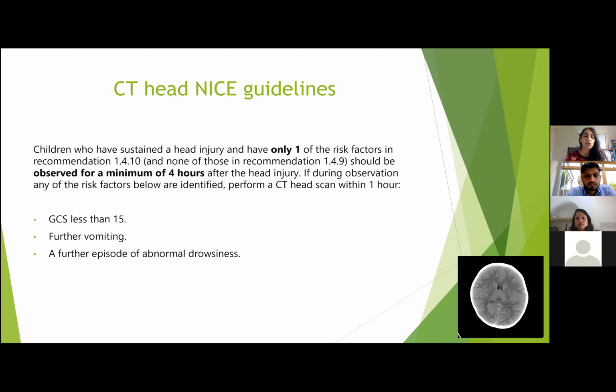Sometimes you might see them straight away, after an hour, so you might need to hold on to them for a bit longer. And again, if they develop any of the following, so vomiting, any episodes of abnormal drowsiness or GCS less than 15, then you need to consider doing a scan. If they don't have any of those and you've done a full primary survey to check there's no other injuries, then they can be discharged with the head injury advice leaflets that all of your hospitals should have.